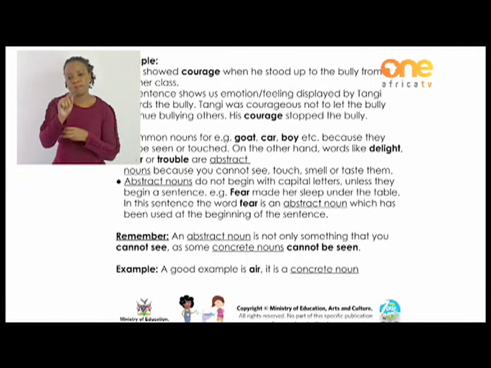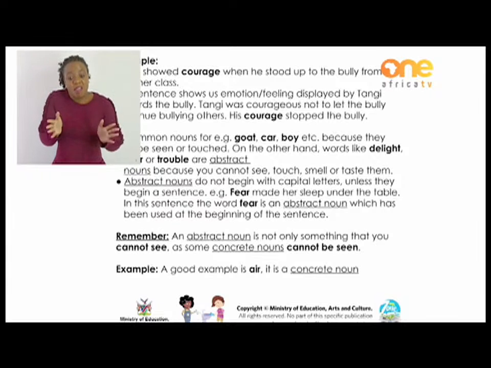Abstract nouns do not begin with capital letters unless they begin a sentence. There is an example there of an abstract noun, fear. Fear made her sleep under the table.